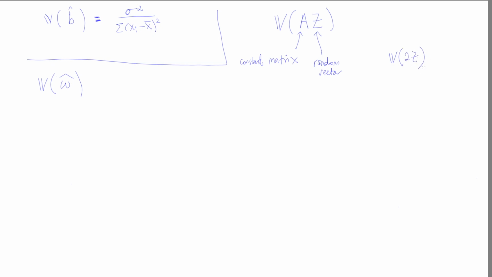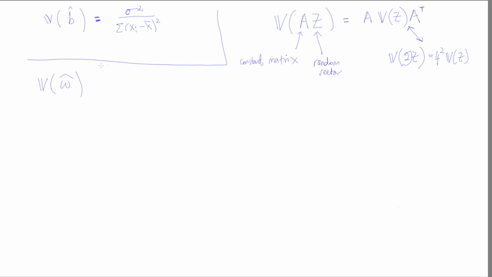So 2 is just a number, and z is a one-dimensional random variable. Well, we take the 2 outside and we square it. So 4 times the variance of z. So you take the constant outside of the variance, but you square it. Here you do the same kind of thing, but you can't just square the matrix. What you do is you have A outside times the variance of Z times A transpose. So this is the multidimensional analog to this rule.